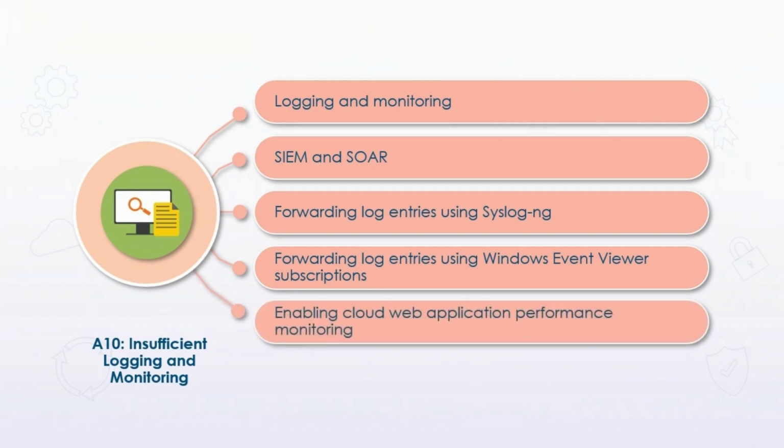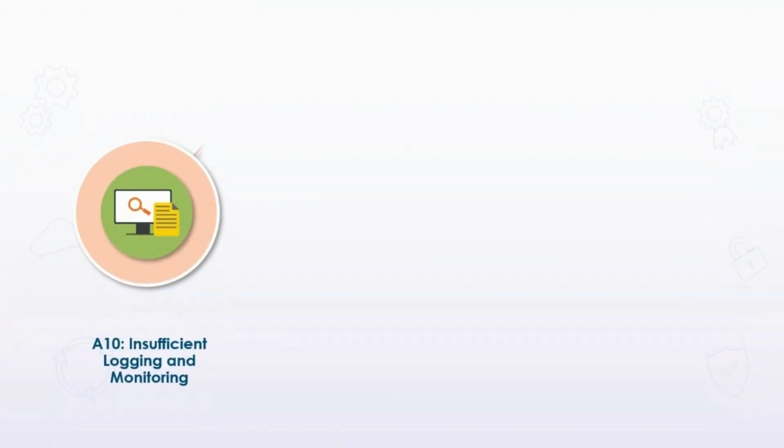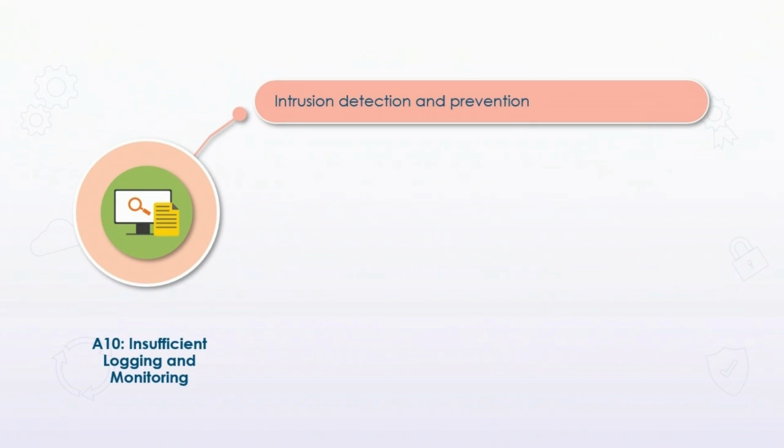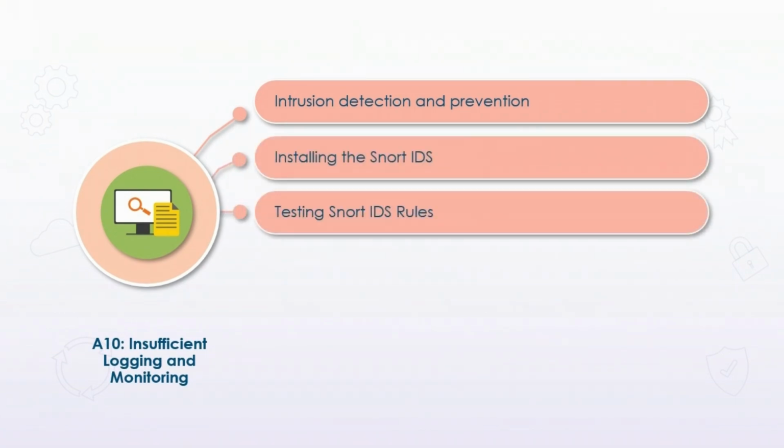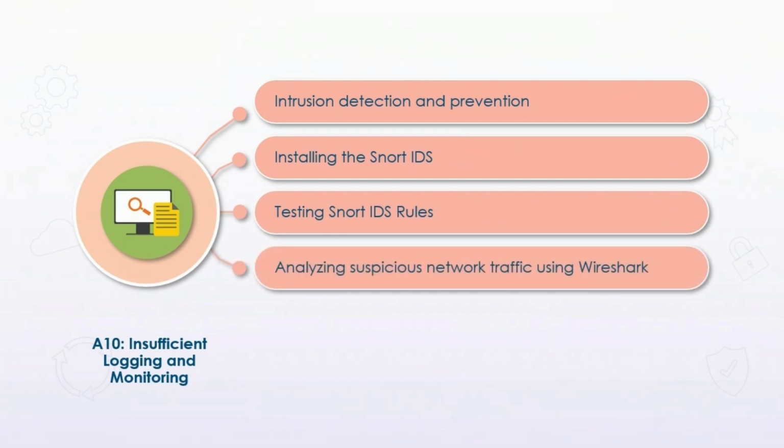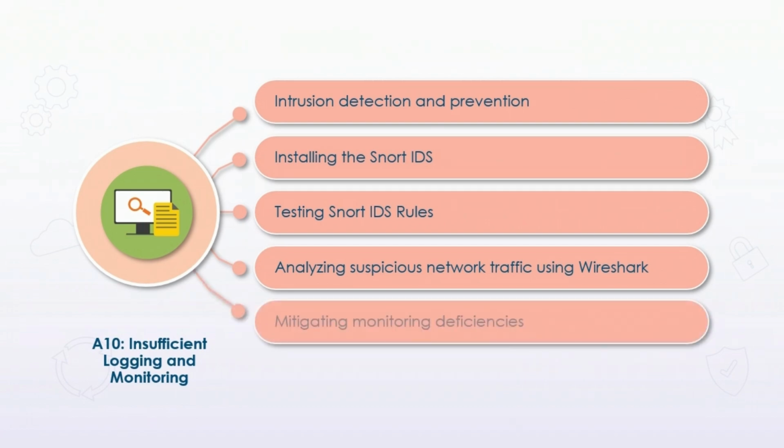We then enabled Cloud Web Application Performance Monitoring. Next, we examined intrusion detection and prevention, installing the Snort IDS and then testing Snort IDS rules. We analyzed suspicious network traffic using Wireshark. And we finally mitigated monitoring deficiencies.